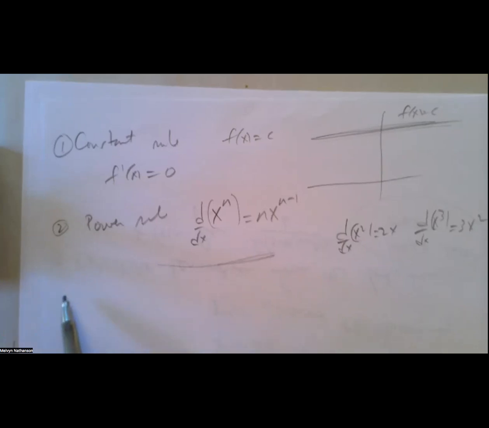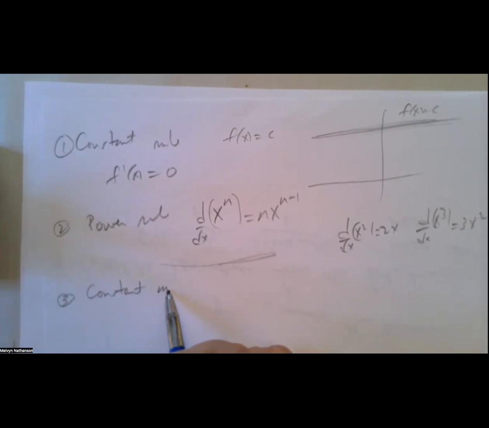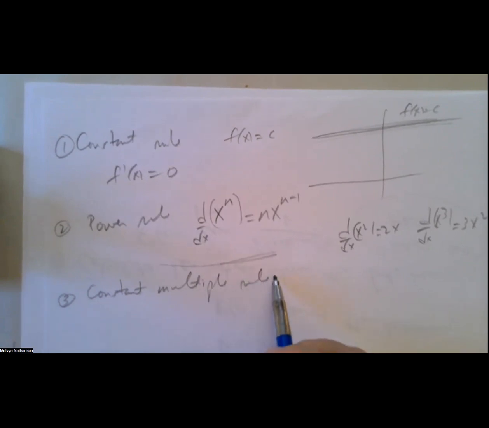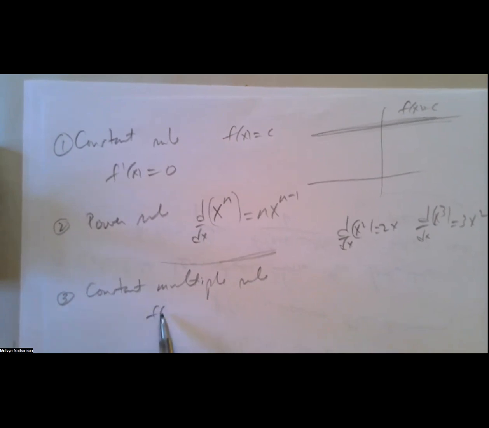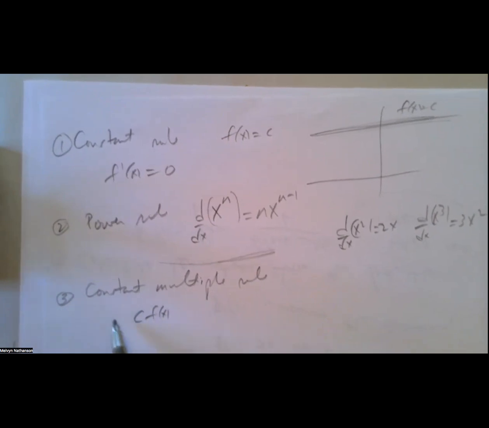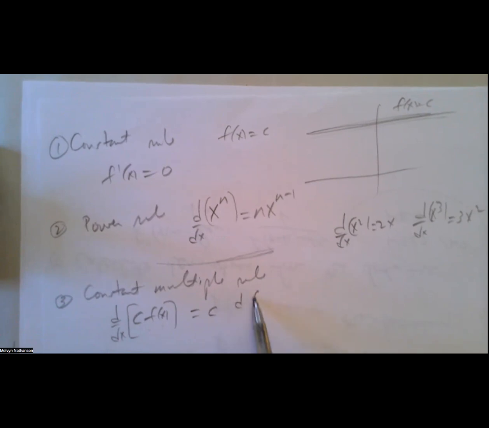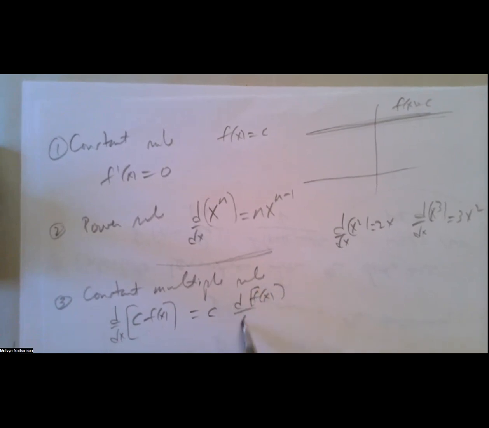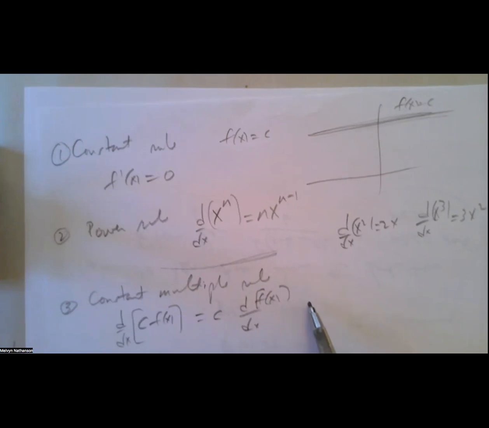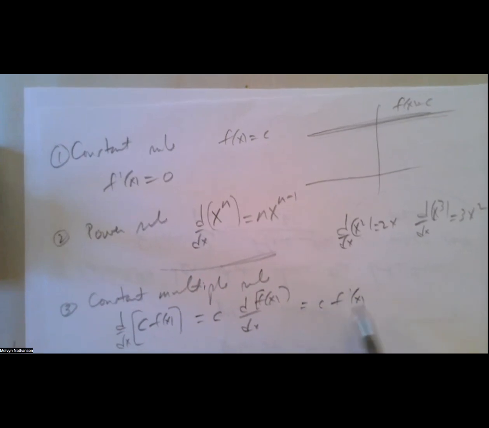There is a constant multiple rule. It says if you have a function f of x and you multiply it by a constant c, the derivative of c times f of x is c times the derivative of f of x. So you can take the constant outside, or c times f prime of x if you like.